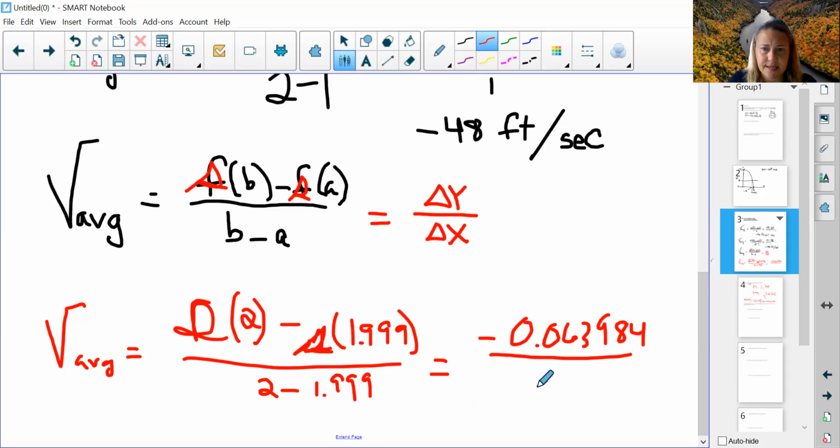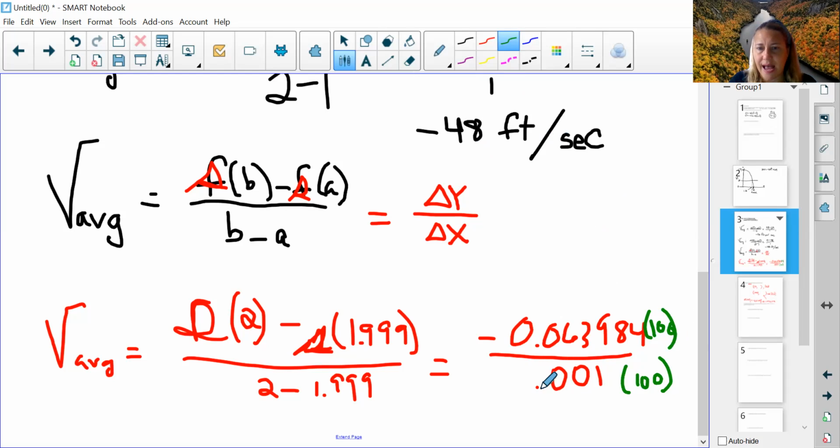And when I subtract these in the denominator, I get 0.0001. I hope you know not to use your calculator for this, because I could multiply top and bottom to get 1 in the denominator. I want to move my decimal point 1, 2, 3, 4 places, so I'm multiplying top and bottom by 10,000.